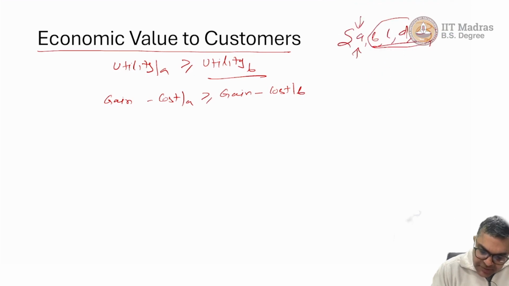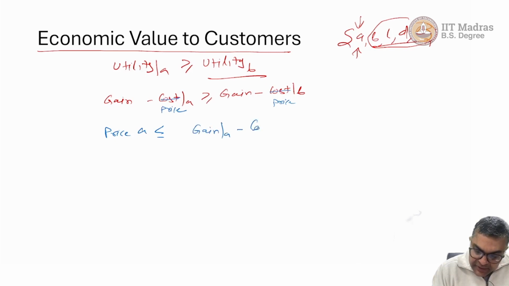So cost is basically the price that this company can come up with, and this is the price of B. And so we have to figure out the price of A, how much should be the price of A. So price of A should be less than gain from A minus gain from B plus price of product B.